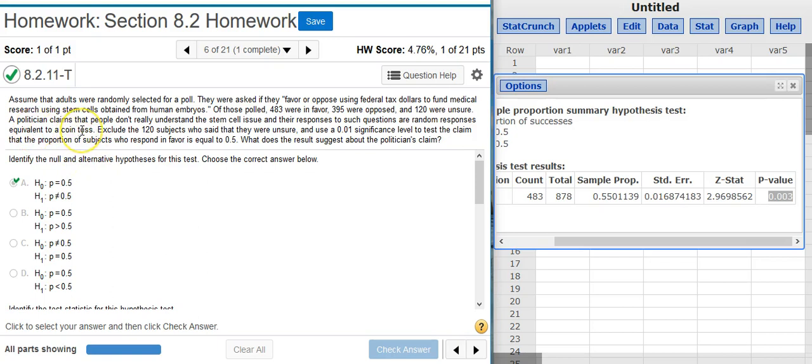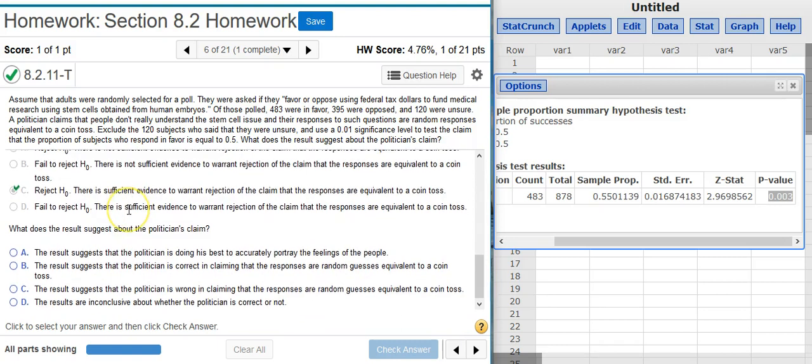The politician claimed that responses to such questions are random responses equivalent to a coin toss. A coin toss is 50-50, heads or tails. So the politician is claiming that the proportion is 50%, but our hypothesis test resulted in a rejection of that claim. And so therefore, we're saying the politician doesn't know diddly squat, which for most politicians is actually pretty spot on.